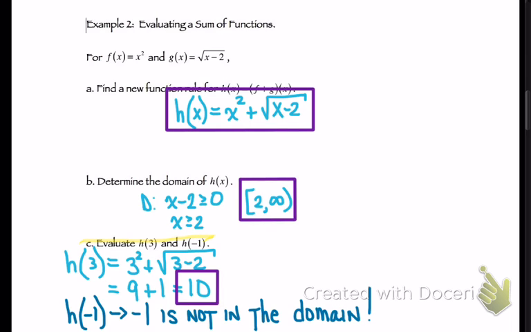When you do your evaluating, what I would put in your notes is to make sure, before you do this, that those numbers are in the domain of your function. If it's not in the domain, you're not going to solve that problem.